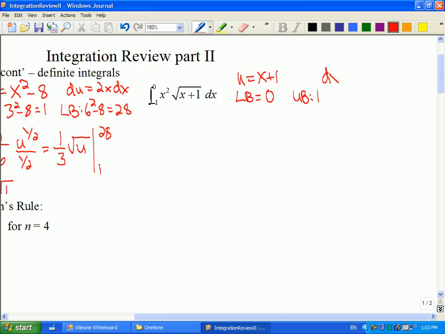And in this situation, dx is equal to du. I'm also going to have an x left over, so I'm going to need to figure out here x is equal to u minus 1. So that way I can replace that x squared with u minus 1 squared.